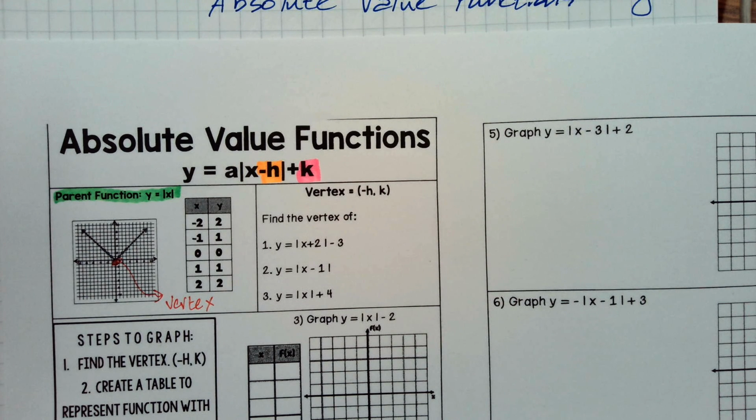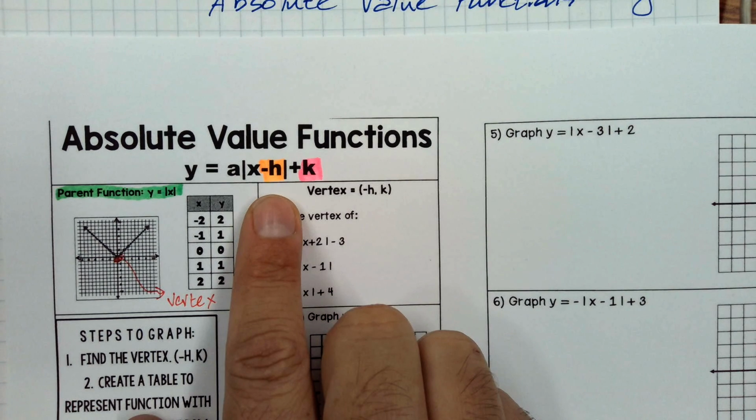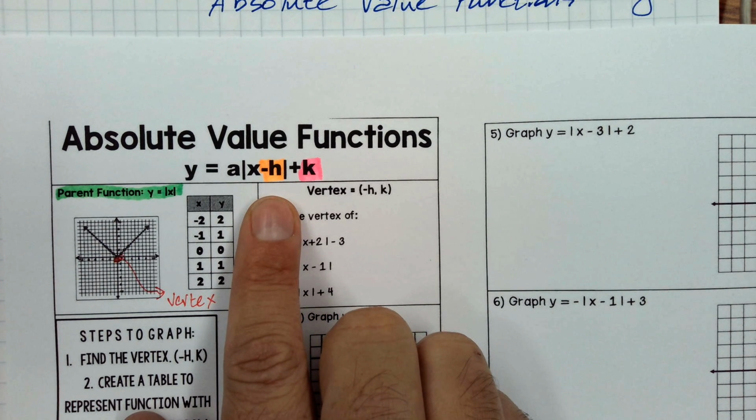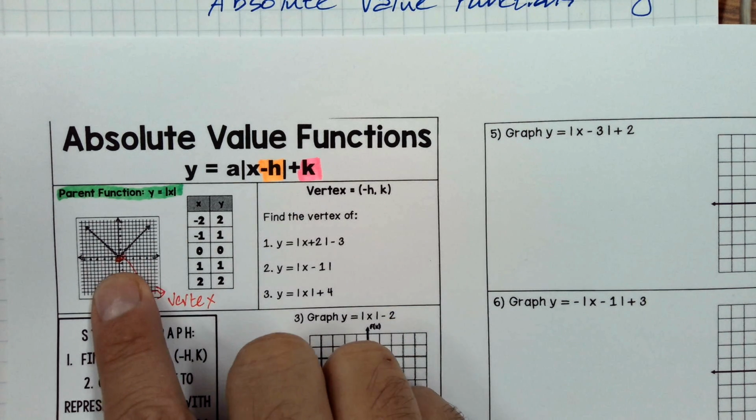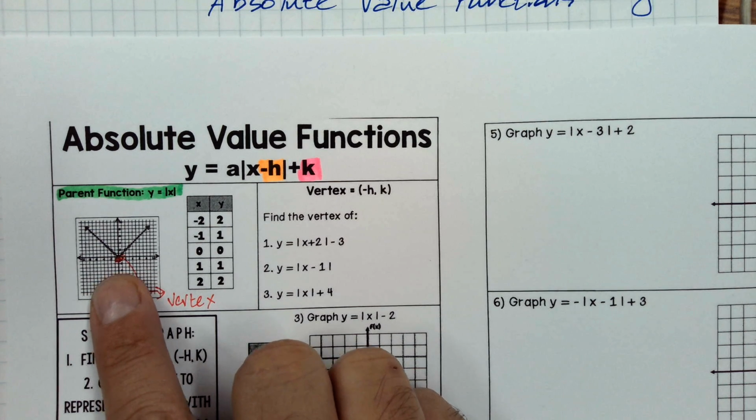It goes back to what we learned when we were talking about transformation of functions. The first value, the h value, is either going to move the vertex, that lowest point, right or left. So it controls the x-axis.